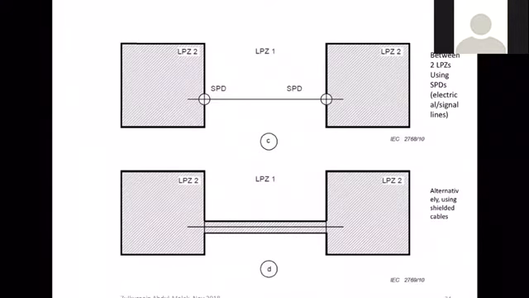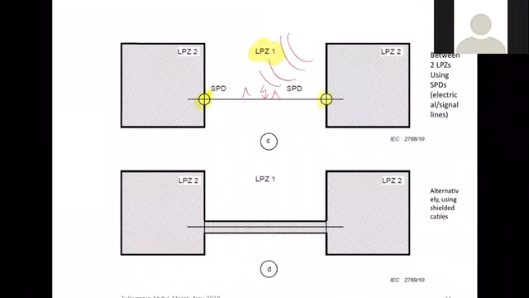So this is between Z2 and Z2 again, but this is defined as Z1 here. But still in Z1, you can still have what we call radiation, and it can still induce surges, even though there's no direct strike. So the surges can go to both sides, and therefore you need SPD at both ends, because those zones are zone 2.